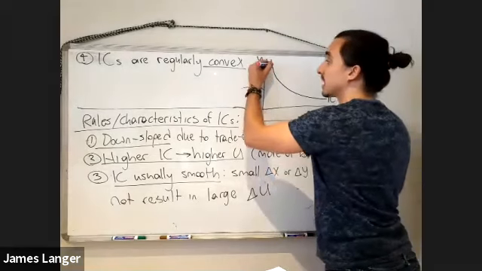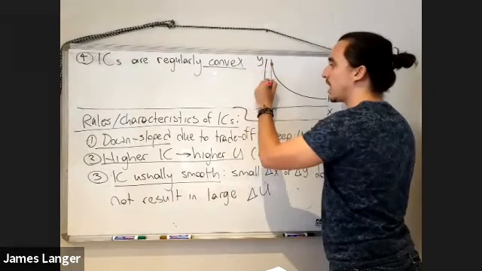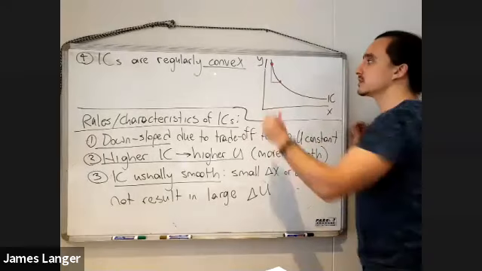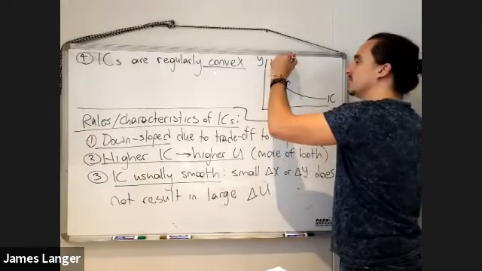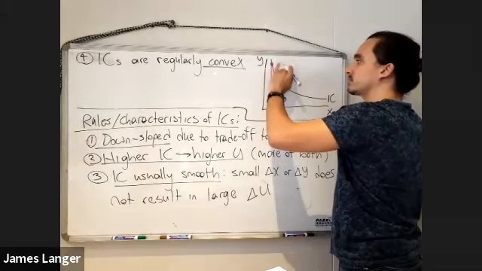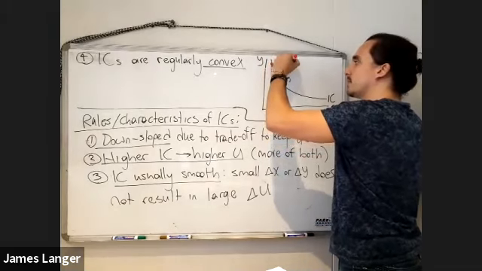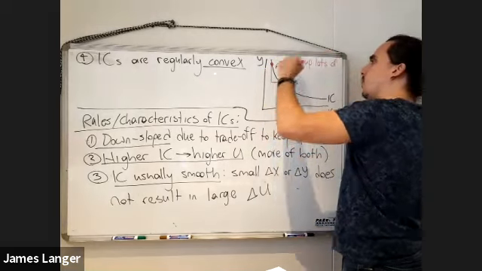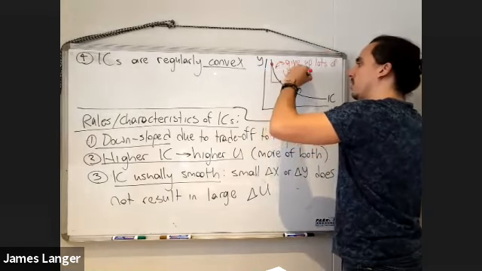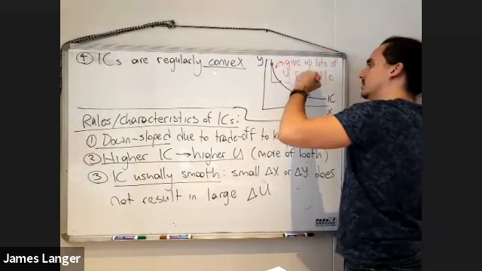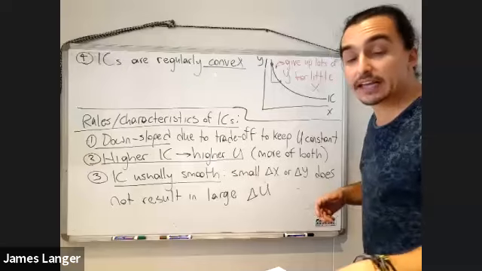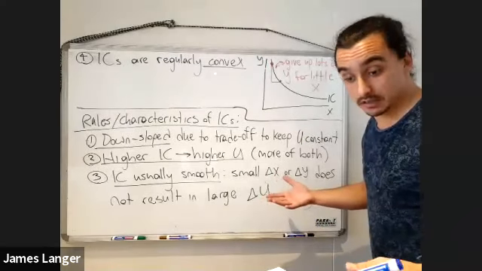So that means that I'm gonna be willing to give up lots of y for just a little bit of x, right? Willing to give up lots of y for little x, right? And as x increases, right?